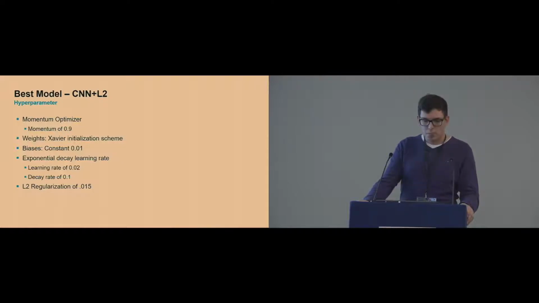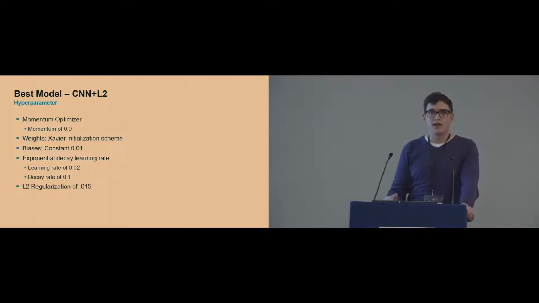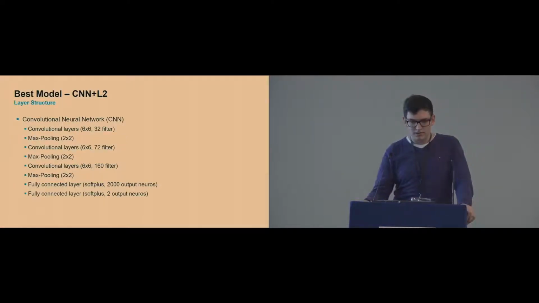For the training, we used an exponentially declining learning rate, with the values 0.01 and 1. As I said, the CNN with L2 regularization worked out best for us, so we applied L2 regularization of 0.015. So these are the hyperparameters we used for our model, and then the model structure itself.